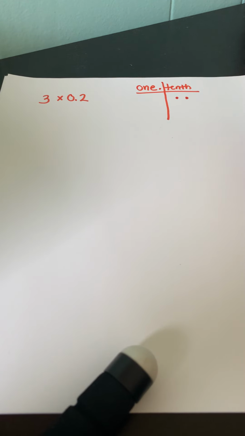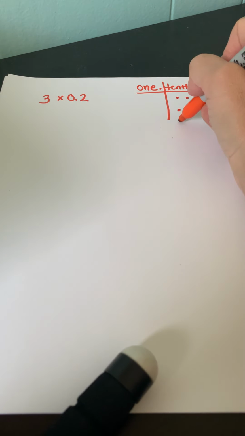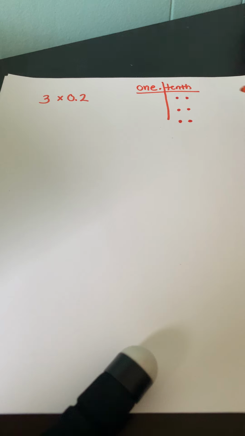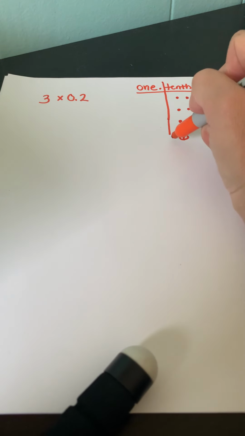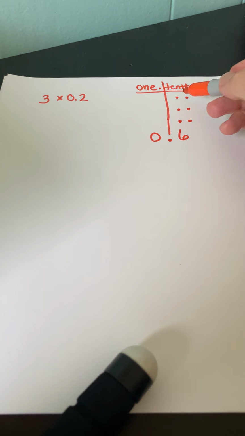And if I make 3 copies of that, there's 1 copy, there's 2 copies, there's 3 copies. 3 times 2/10. 2/10, 2/10, 2/10. Then I see how many I have. Well, I have 1, 2, 3, 4, 5, 6/10. There's my decimal, there's my 0. 3 copies of 2/10 is 6/10.